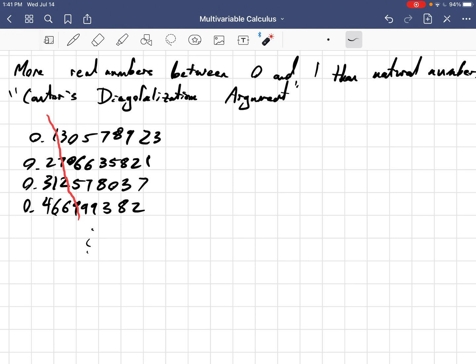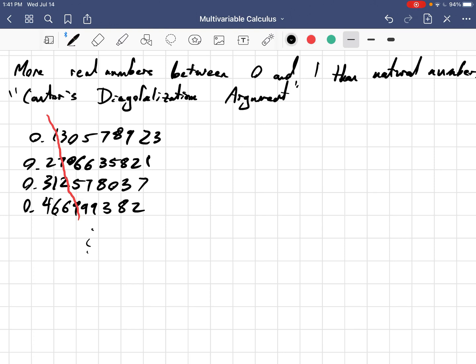And he says, well, what you can do is devise a new number that can be computed by just taking the digits along this red diagonal and just adding 1 to each of those, right?